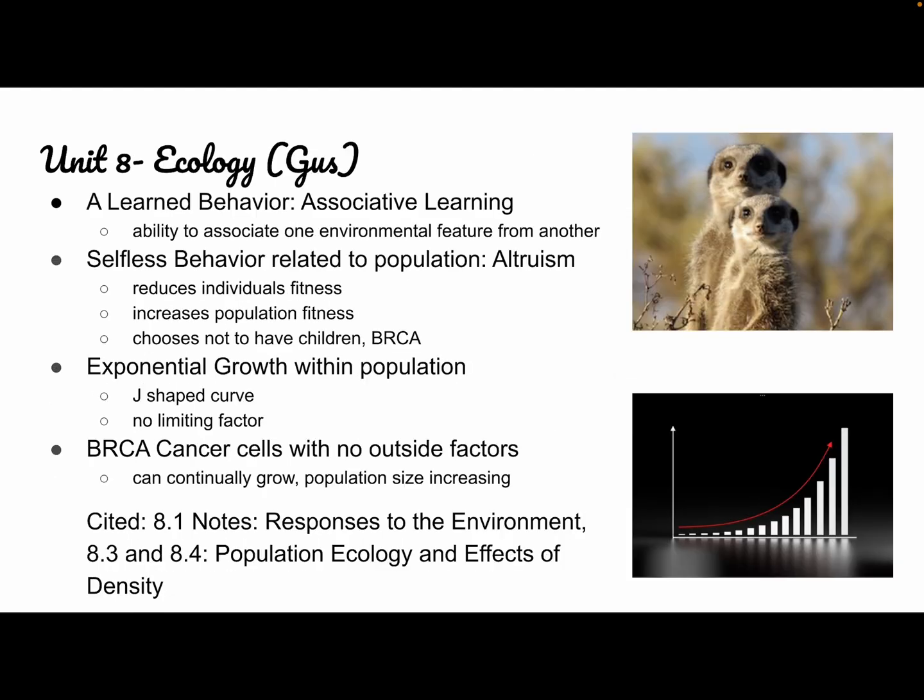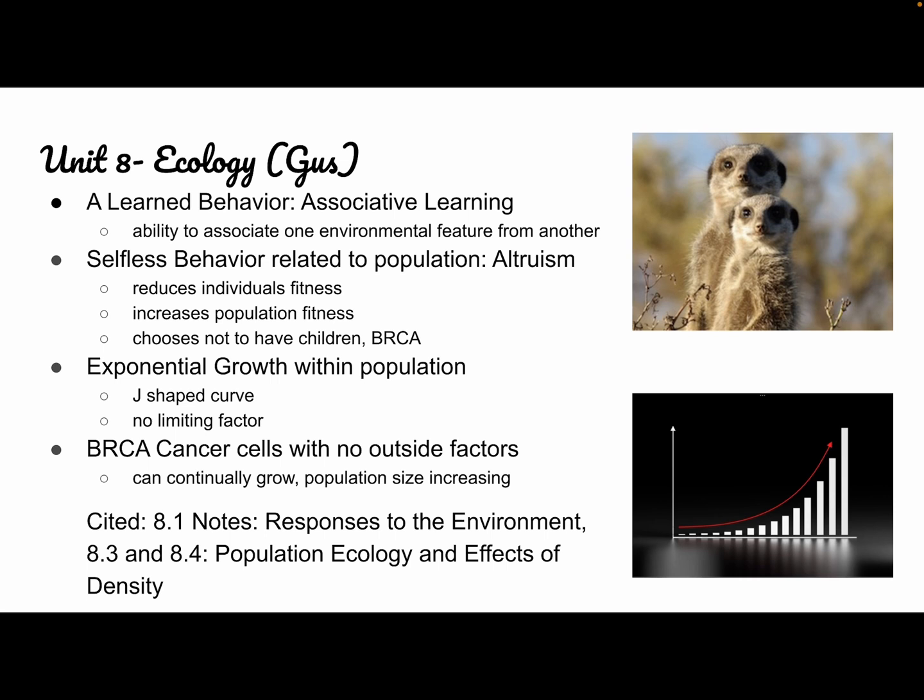Unit 8, Ecology. A learned behavior, associative learning, is the ability to associate one environmental feature with another, like on the right, the meerkats learning from their parents. Selfless behavior related to population is altruism.